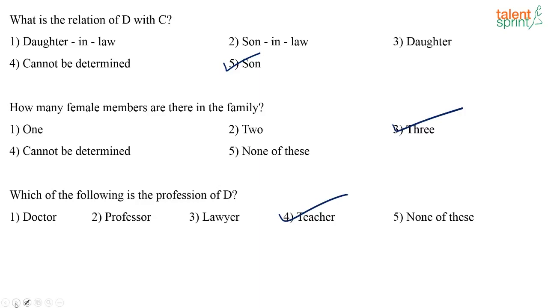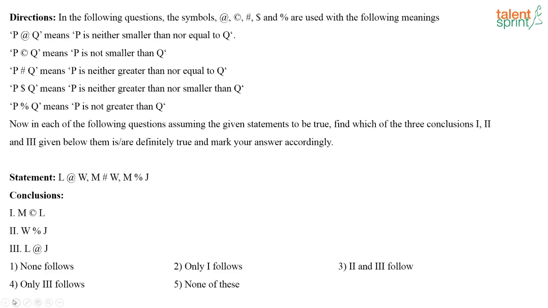Now let's look at the next question, which is on coded inequalities. What is given here? At the rate of stands for neither smaller than nor equal to. You just write down what each symbol stands for and then it will become easier for us to solve. Similarly, if you have this symbol, what does this mean?